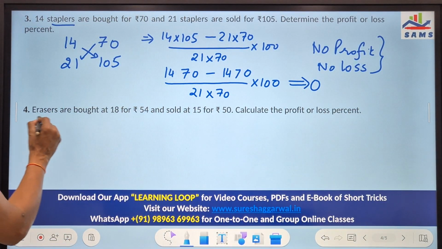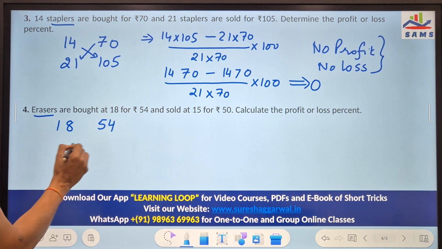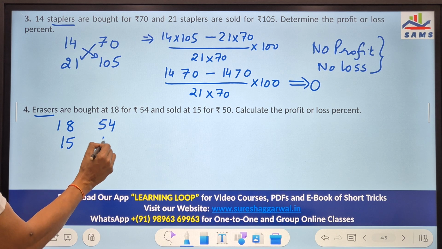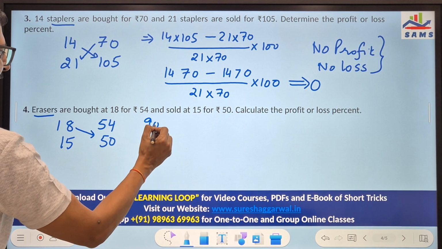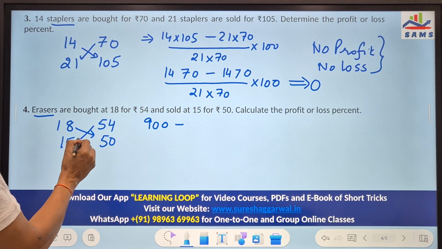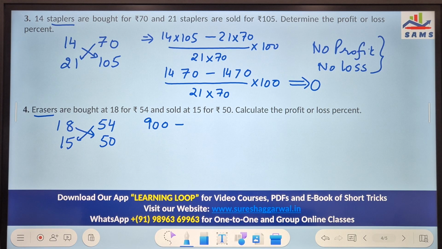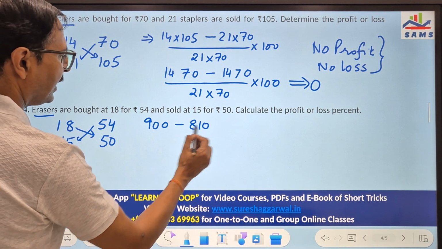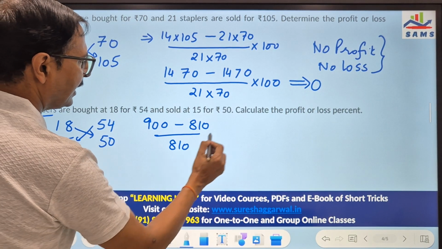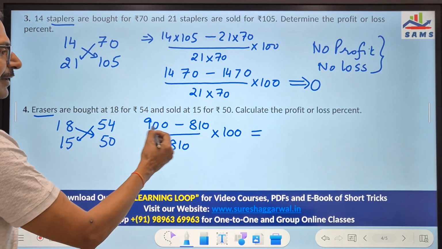Likewise, here we have another one where erasers are bought 18 for rupees 54 and sold at 15 for rupees 50. So if you go across like this, this will become 18 5s are 90, so 900. And if you go across like this, 540 plus 270 will give me 810, and divide that by 810, multiply by 100. So this will become positive, right?